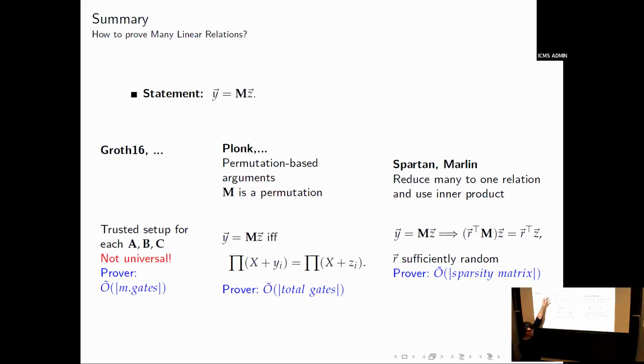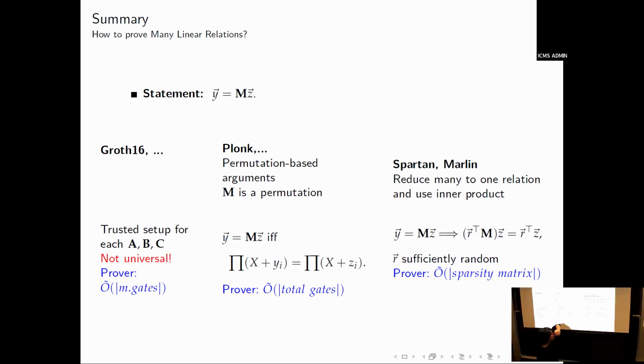They introduce something called custom gates, so they have a way to maybe arithmetize things more efficiently. But my understanding of Plonk is that the real problem was how to prove the linear relations, and for this they had to move to permutation-based approaches.